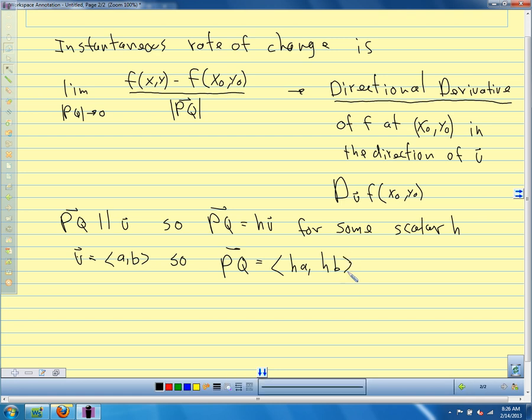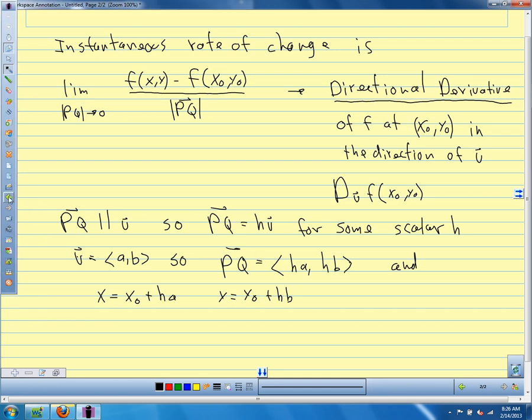And so if we write this in component form, we say that x is just x0 plus h times a, and y is y0 plus h times b. So we're just writing our vector PQ in component form.